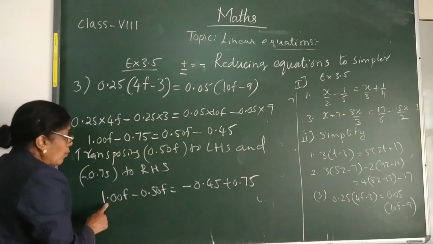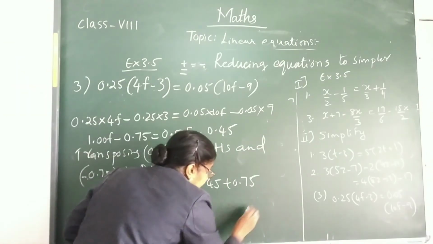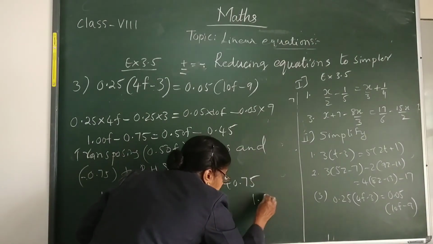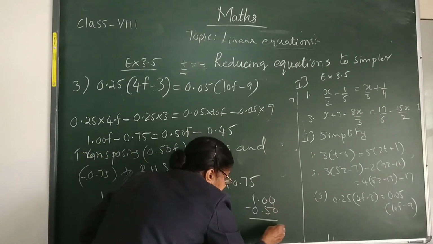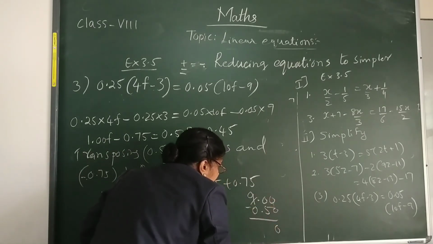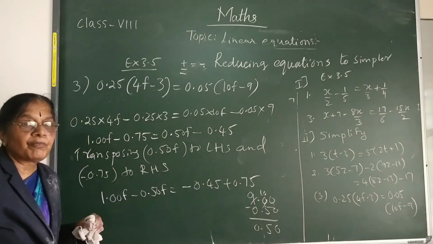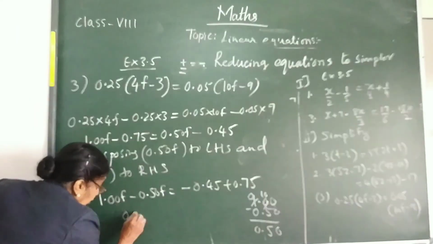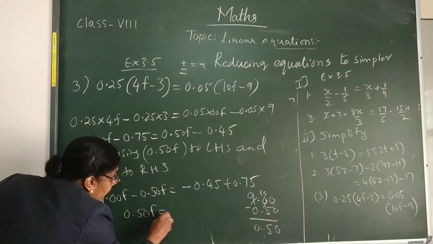So 1 minus 0.50. How will you do the subtraction? Let us see. 1.00, 0.50 we have to subtract. So 0, 0, then here it will become 10. 10 minus 5 is how much? 0.50f is equal to.